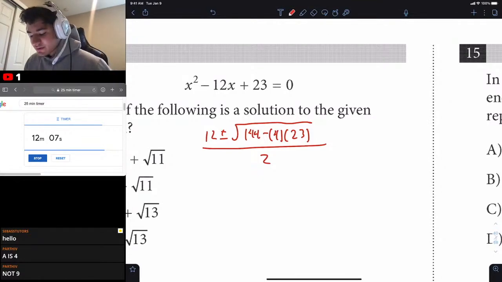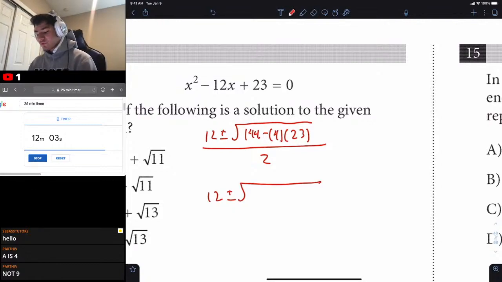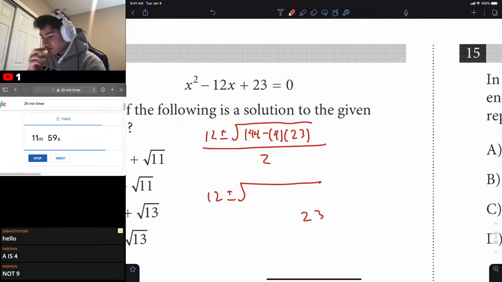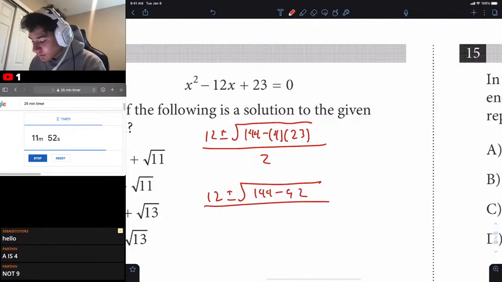Okay, let's simplify this. So we get 12 plus or minus the square root of 144. So 4 times 23, let's see. 20 times 4 is 80, 92. 144 minus 92, all over 2.